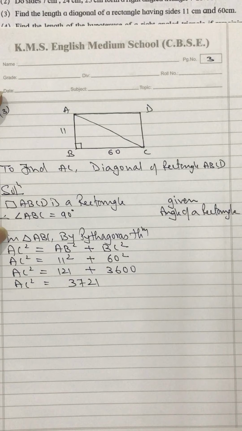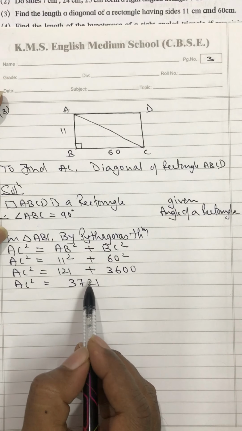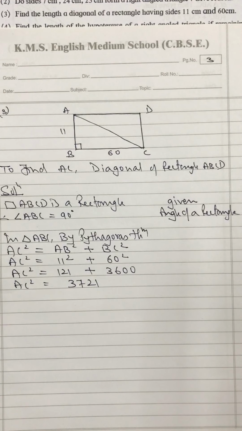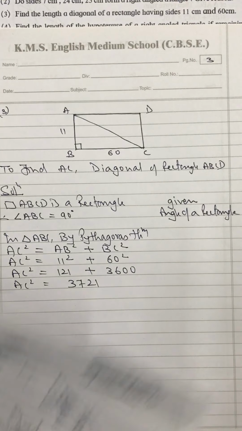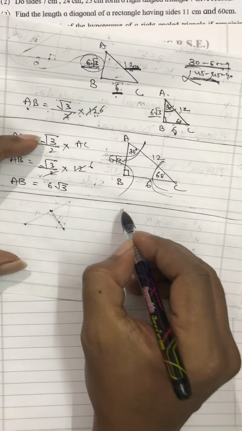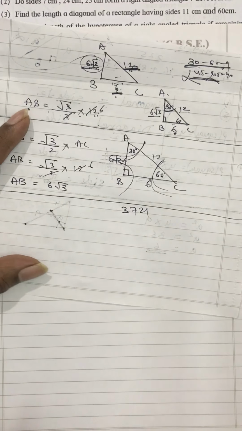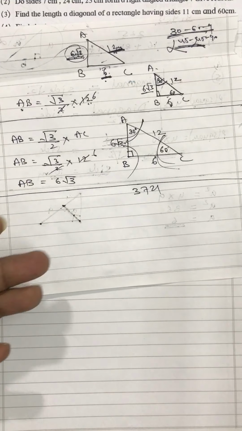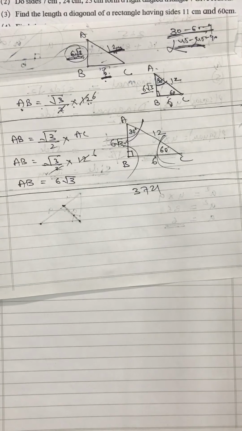Now you have to find the square root of 3721. As I told you, you have to do some rough work over here. Basically it's very difficult to trace like this because this is not divisible by 2, not divisible by 3, not divisible by 5, and proceeding further is really very difficult.